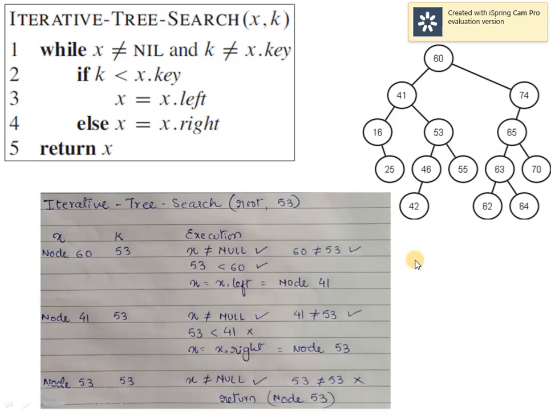I suggest you pick any binary search tree and try to dry run these procedures on it to get what is actually happening, because once you understand the concept, it will be much easier to implement things at your end. So this is all about the search procedure in binary search tree.